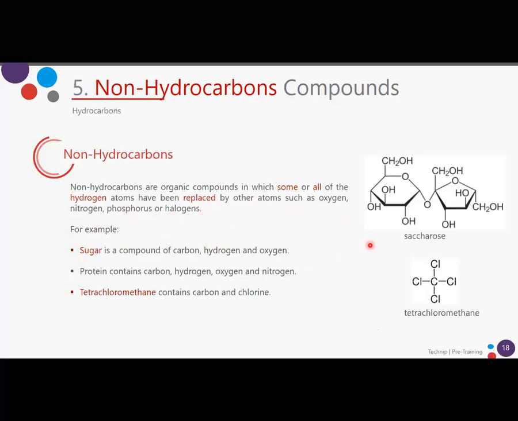For example, sugar is a compound of carbon, hydrogen, and oxygen. We also have proteins, which, besides carbon and hydrogen, also have oxygen and nitrogen. And we have here the tetrachloromethane.